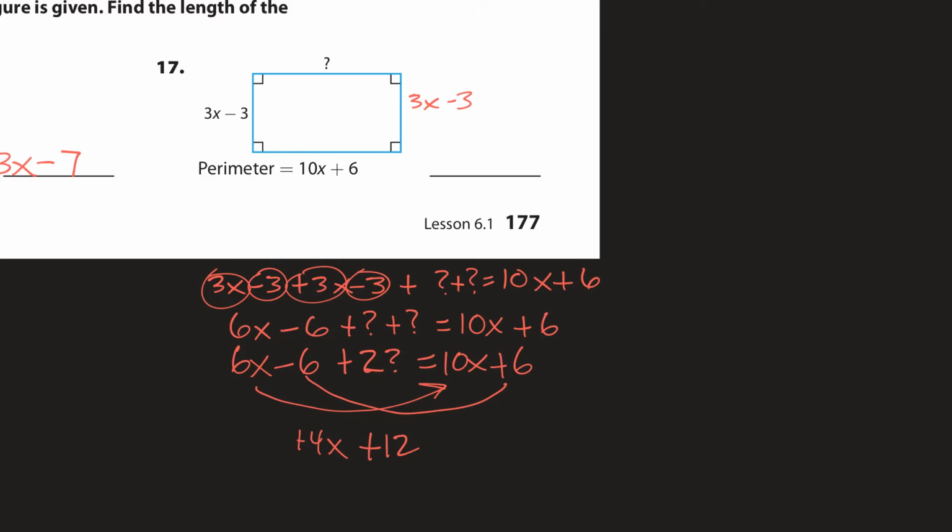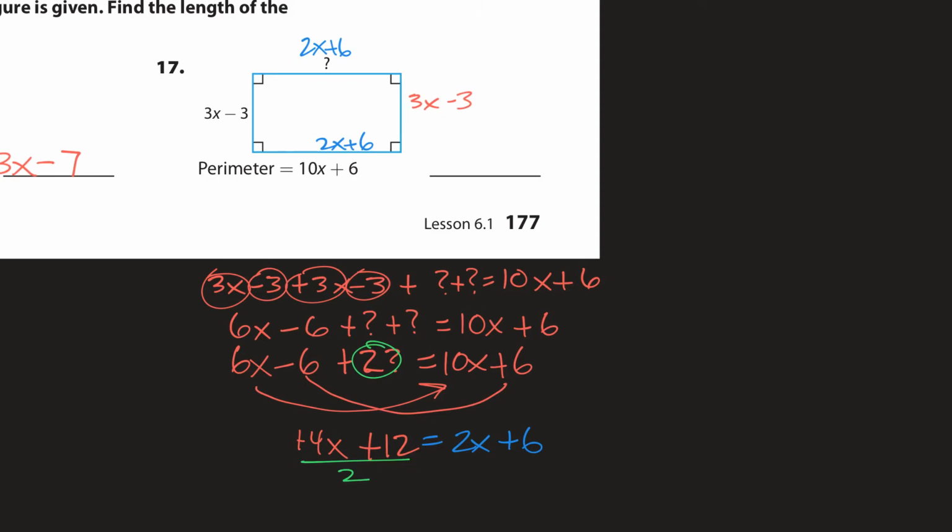But there are 2 of these here. I need to do 2, so I would have to take half of that. Half of 4x is 2x, and half of 12 is 6. So that means this side is 2x plus 6, and the other side is 2x plus 6.